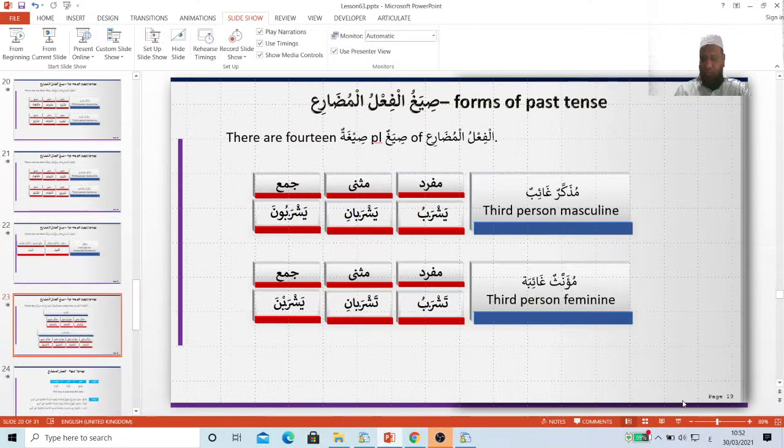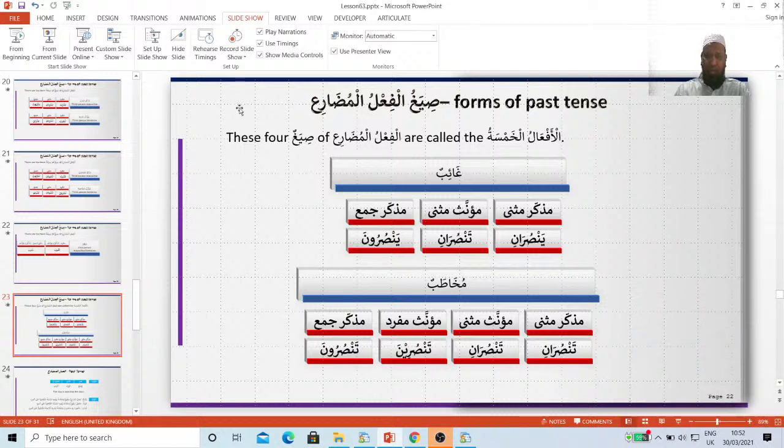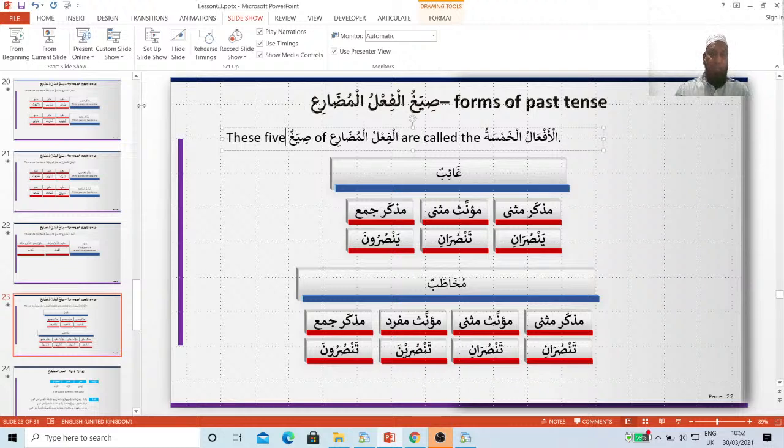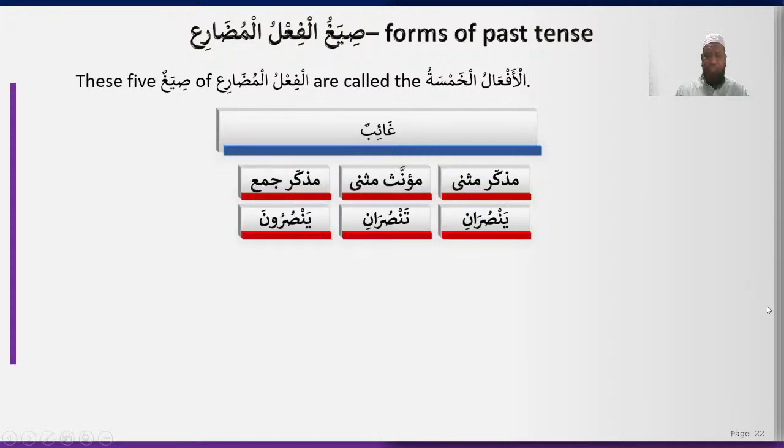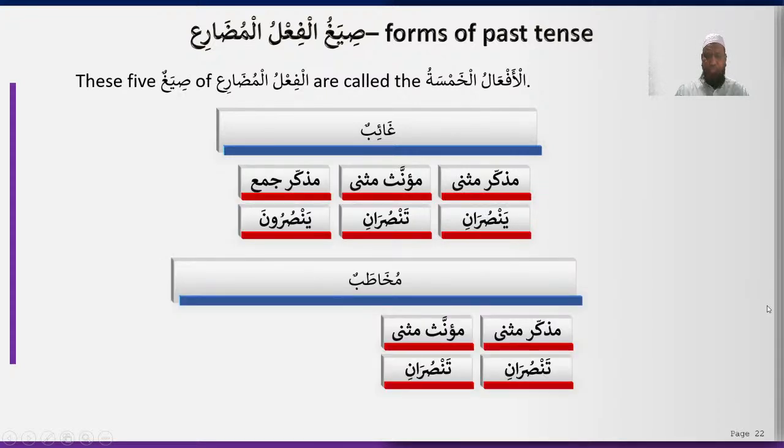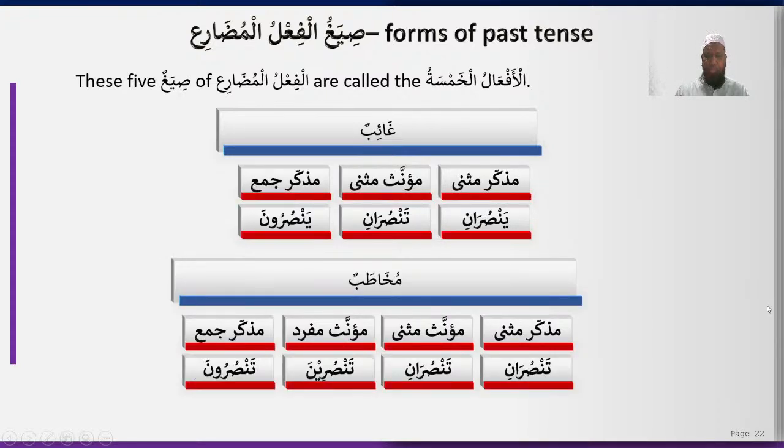So why did I have 4 over there? It should be 5. So these 5 sigas are called al-af'al al-khamsa.